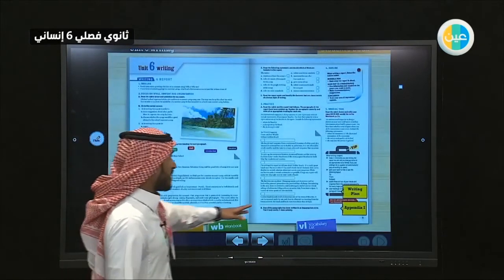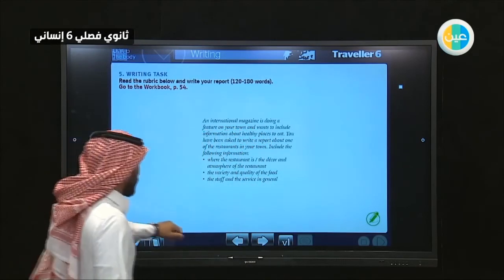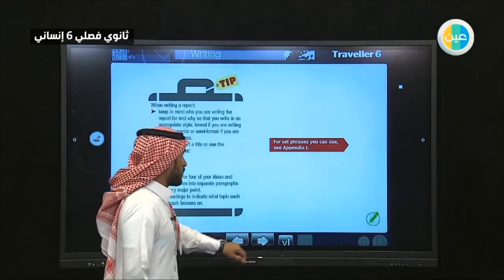After that, we have some tips we have to keep in mind when we write a report.